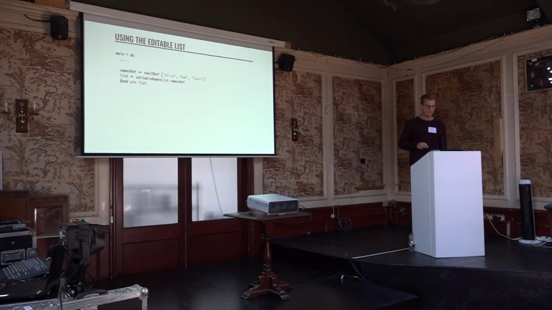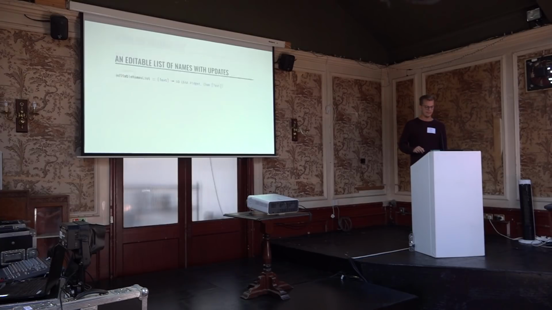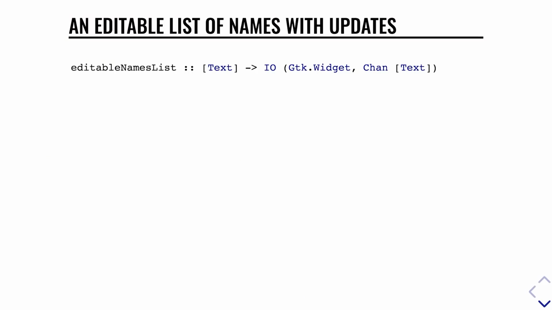So we will change this definition slightly to look like this. This type signature. We'll give it an initial list of names instead, and we will return a tuple of a widget and a channel of text values, or lists of text values. Right, so each time a name is changed, we will get a message sent on that channel so that we can react to it. And we change our definition, something like this.